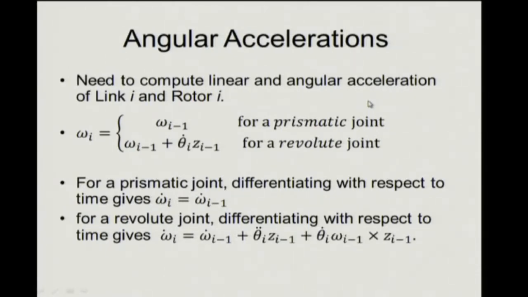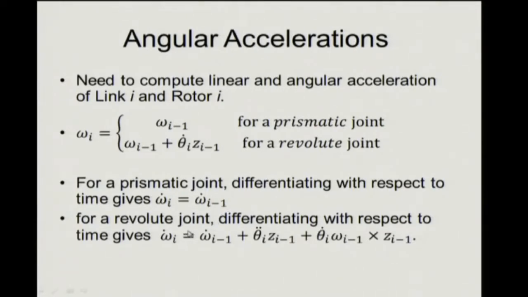So, if I am looking for the angular accelerations, then I know omega: if there is a prismatic joint, then the angular velocity of the ith link is the same as that of the previous link. Otherwise, it is simply that of the previous link plus theta I dot along the z I minus 1 direction. So, this is the angular velocity. If I take the prismatic case and differentiate, I get omega I dot equal to omega I minus 1 dot, pretty much the same.